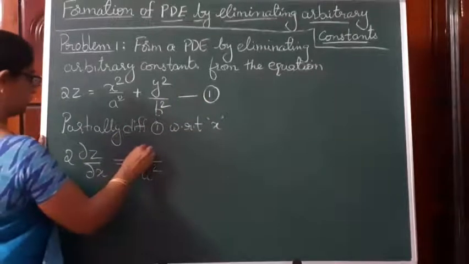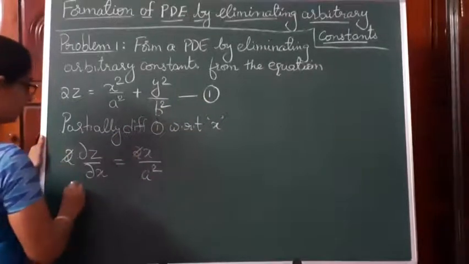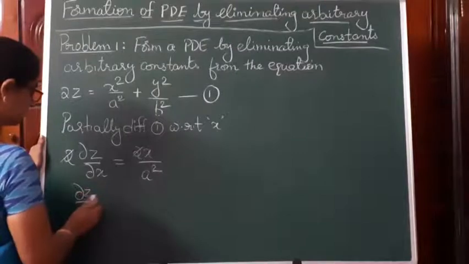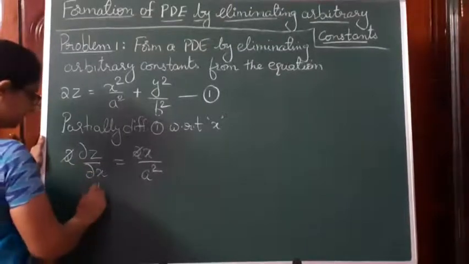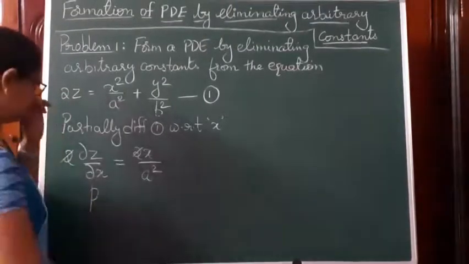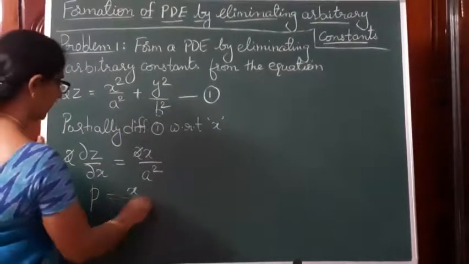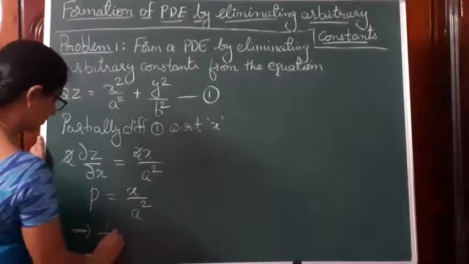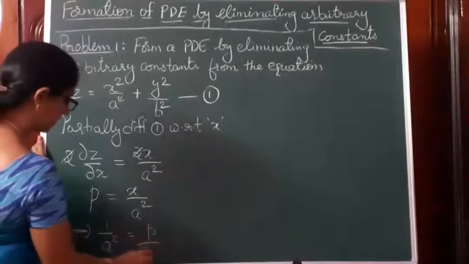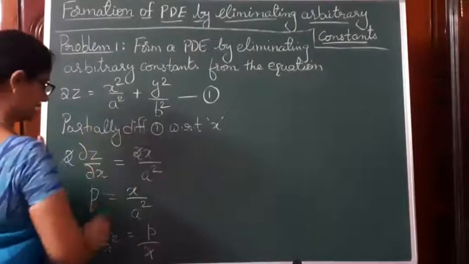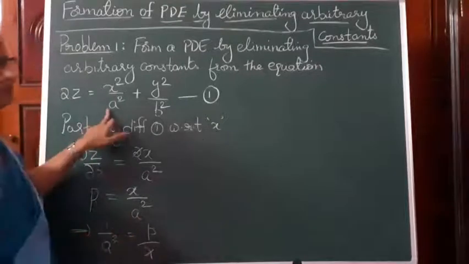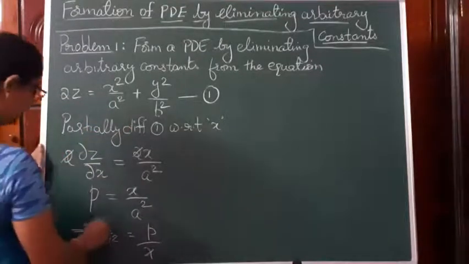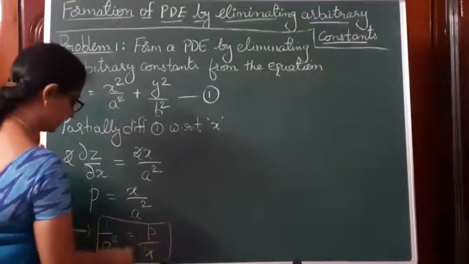So we can cancel 2 here and we get dou z by dou x. What is dou z by dou x? We denote dou z by dou x as p. So p is equal to x by a square. From this, 1 by a square is equal to p by x. We have 1 by a square here, so in place of 1 by a square we can substitute p by x. Okay, so keep this aside.